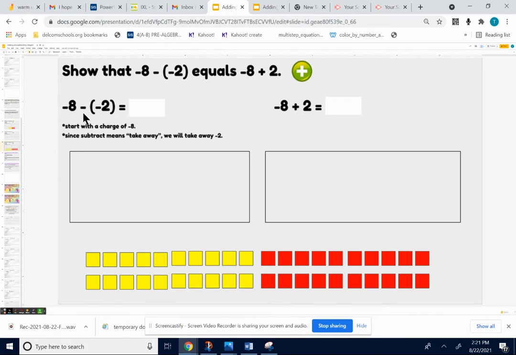Let's think about this. With tiles, this means start with a charge of -8. Subtract means take away. So from the charge of -8, I'm going to take away 2 negatives, because that's the second number. Okay, start with a charge of -8.